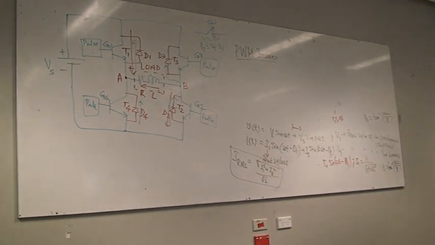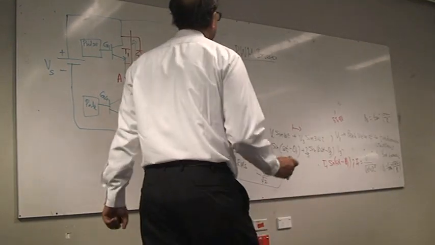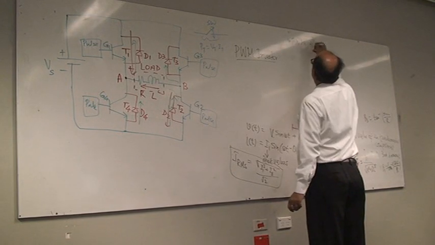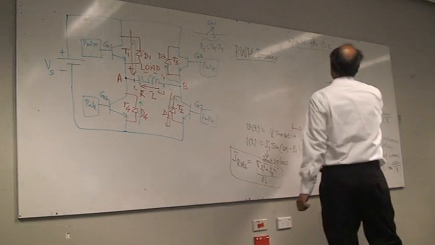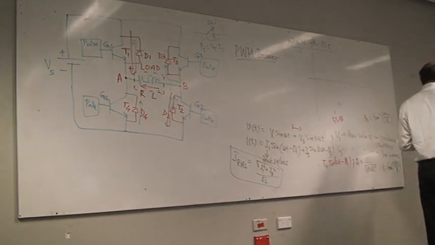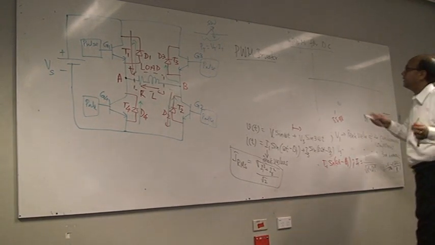For DC, how do you generate PWM? Do you remember? What do you do? Turn it on and off really quickly. How do you get that? Do you have any idea how you can actually do it in a discrete circuit?